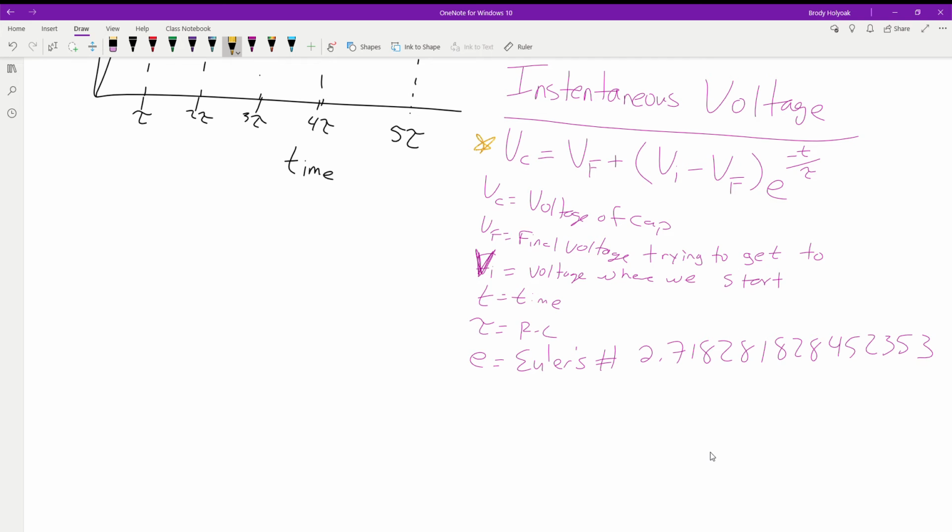When we're charging from zero, so if we're starting at 0 volts, if we were to put this through, we could simplify this down. So we're charging from 0. Voltage of the capacitor is equal to voltage final times 1 minus e to the negative t over tau.